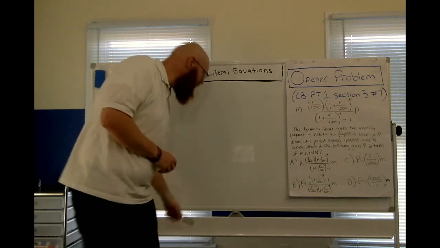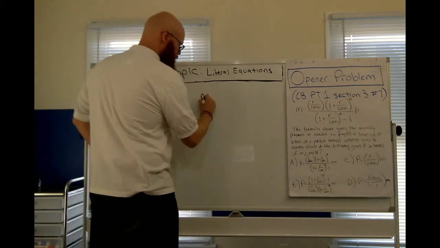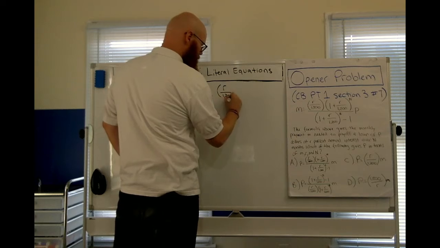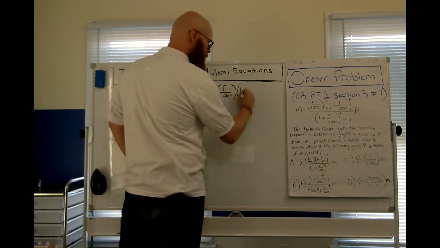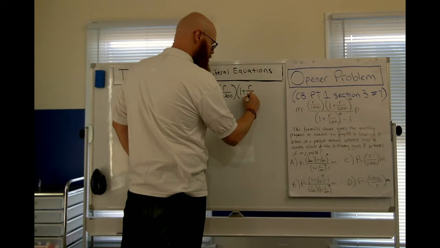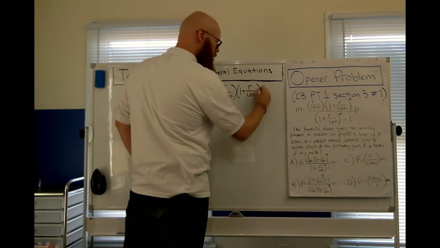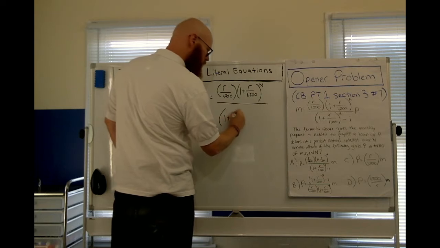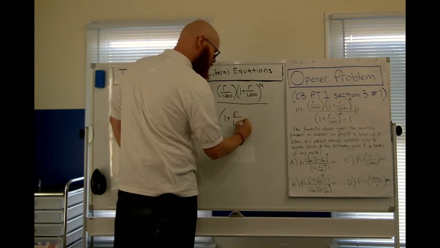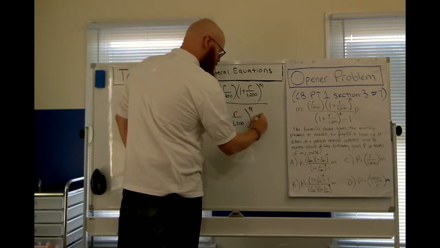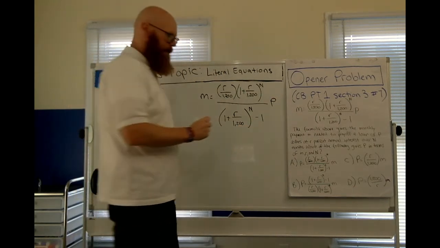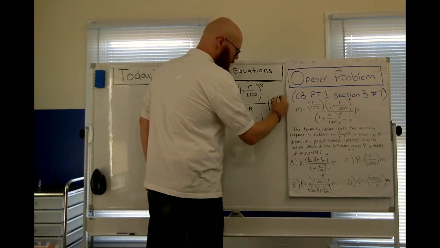So we want to take this equation, and our goal is to isolate p. So we have to get this by itself.